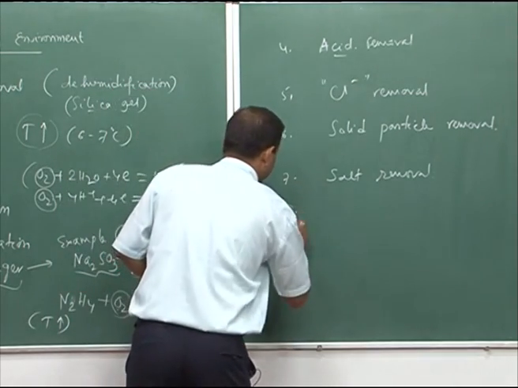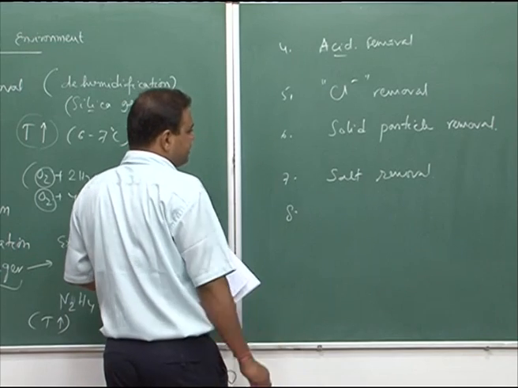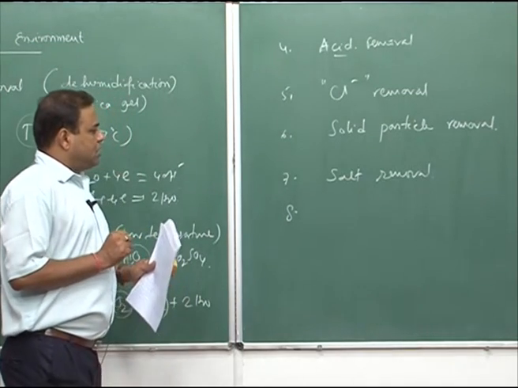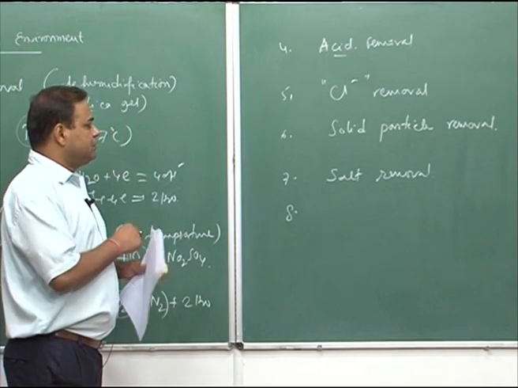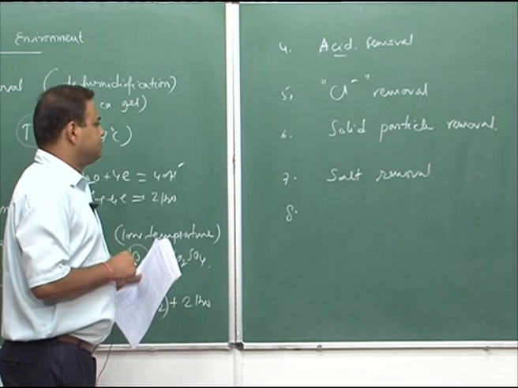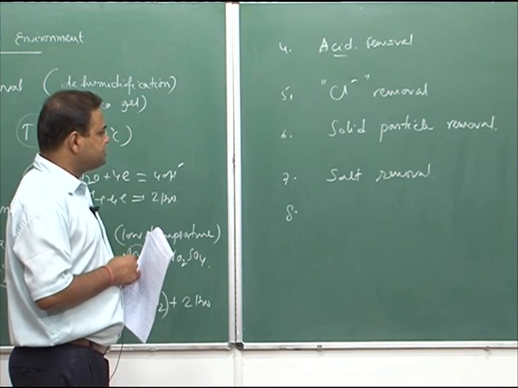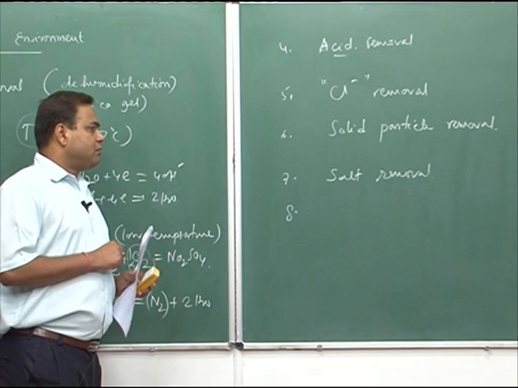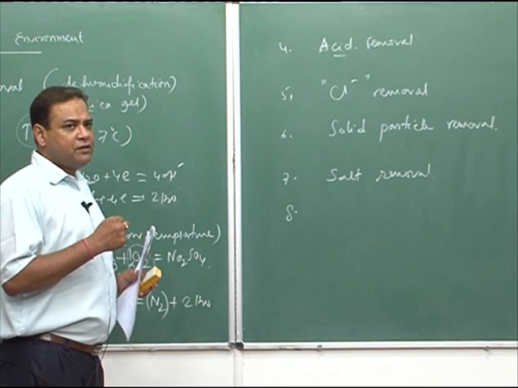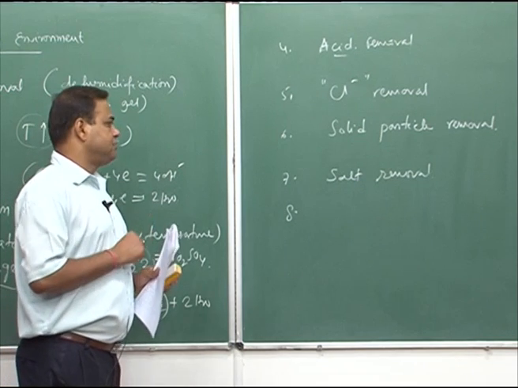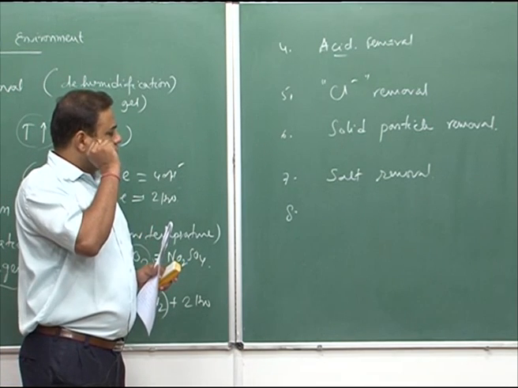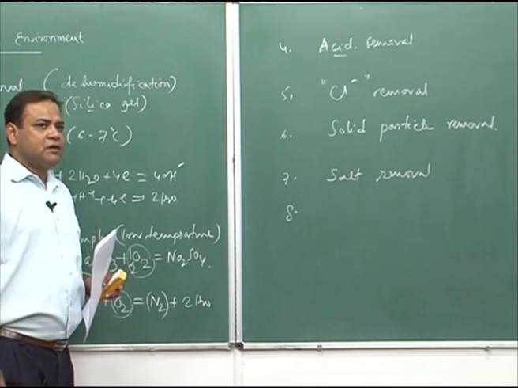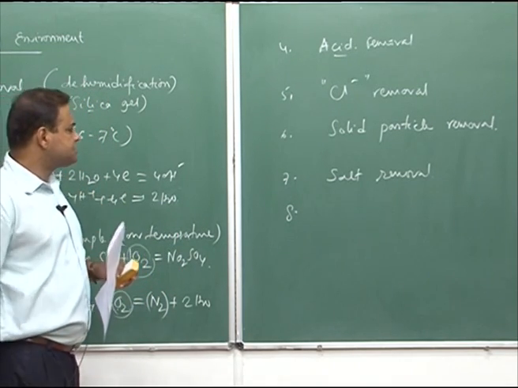And finally, we can also add chemicals in a very small amount, maybe in the range of ppm level, which can increase the corrosion resistance of a particular metal by either taking care of the corrosive elements or corrosive species, or which can also form some passive layer on the surface and enhance the corrosion resistance.